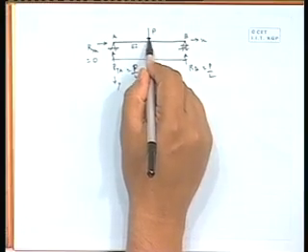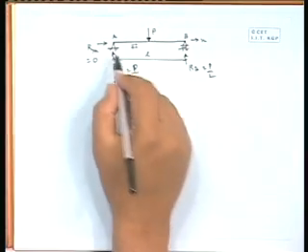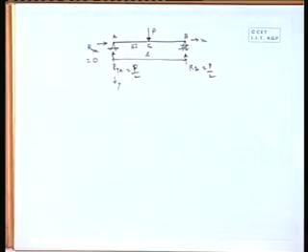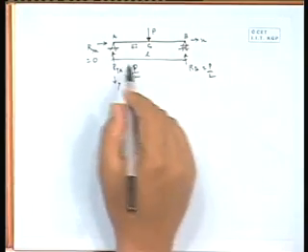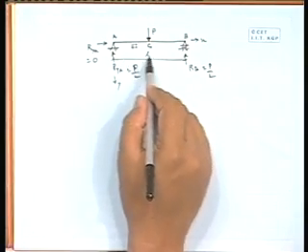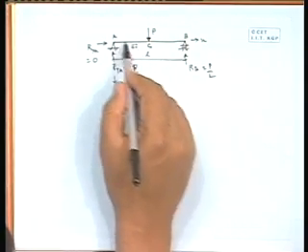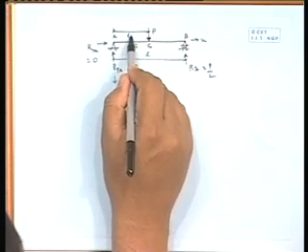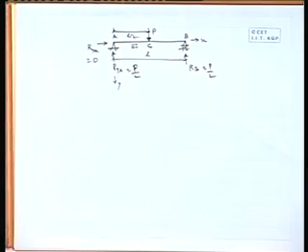Here there is one problem. Say this is A, B, the center point is C, and the total length is L, and from here to here it is L by 2. Now, your moment expression is not valid for the entire span.